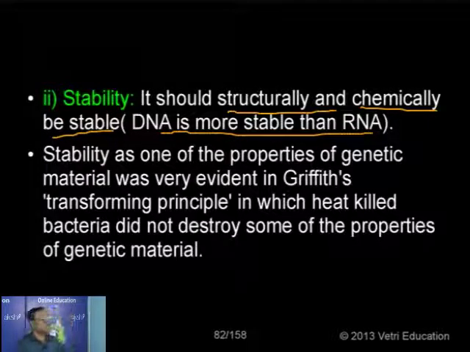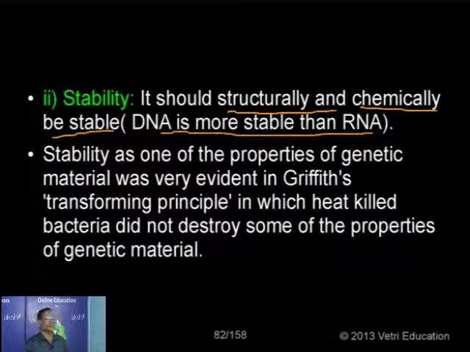Stability as one of the properties of genetic material was very evident in Griffith's experiment. So we are considering stability as one of the important properties of genetic material. That was evident in the first experiment, namely Griffith's experiment, as the transforming principle. In the transforming principle, we know that he did heat killing of bacteria.